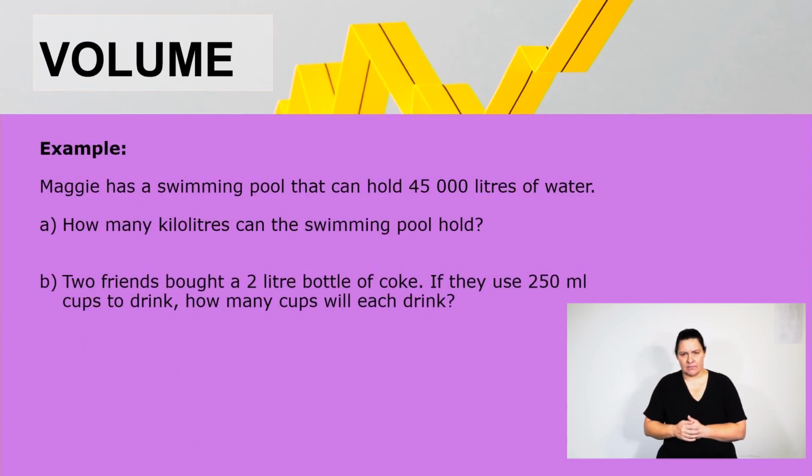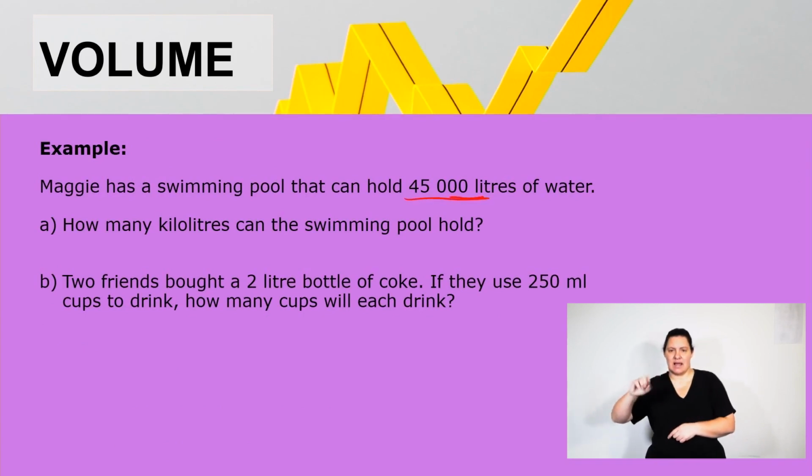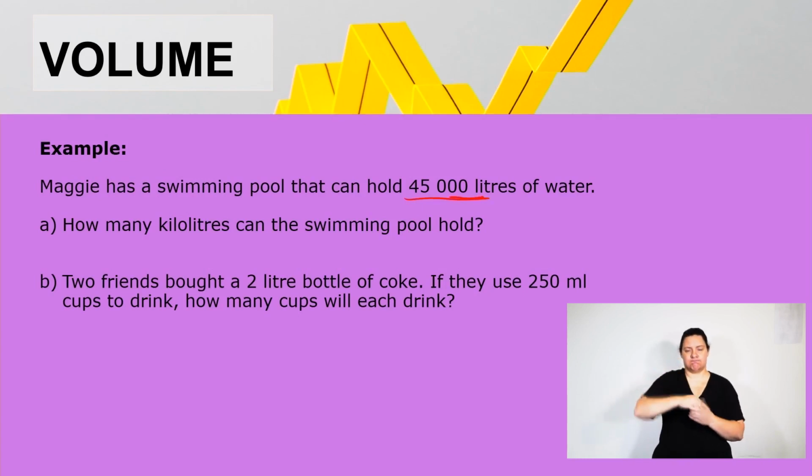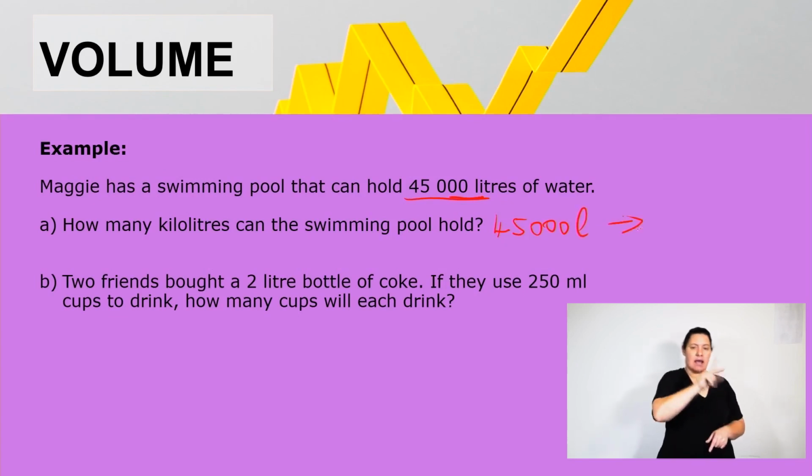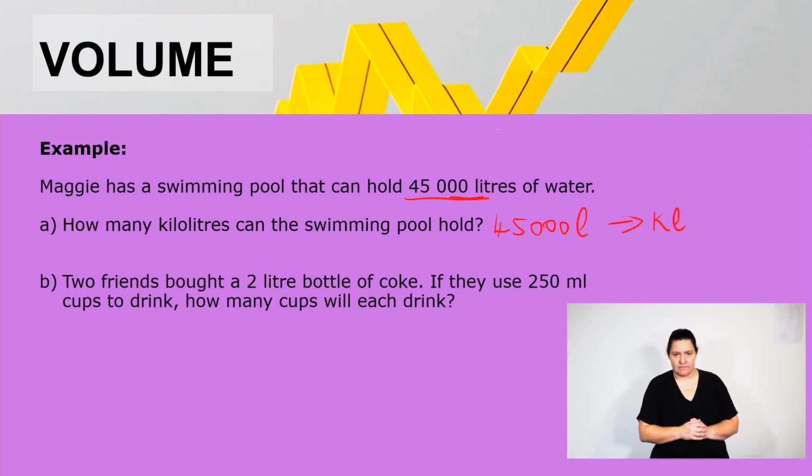Here is a question. Maggie has a swimming pool that can hold 45,000 liters of water. How many kiloliters can the swimming pool hold? In other words, we are required to convert 45,000 liters to kiloliters. So remember here we have kiloliters, liters, centiliters, and milliliters.